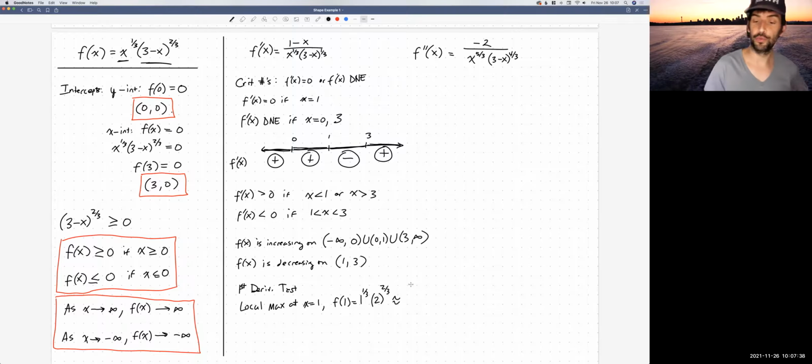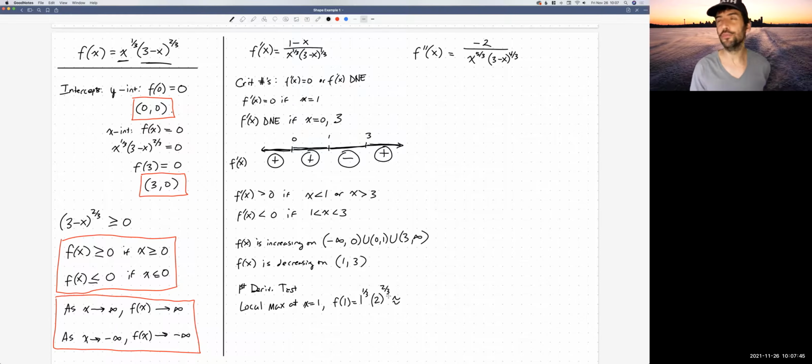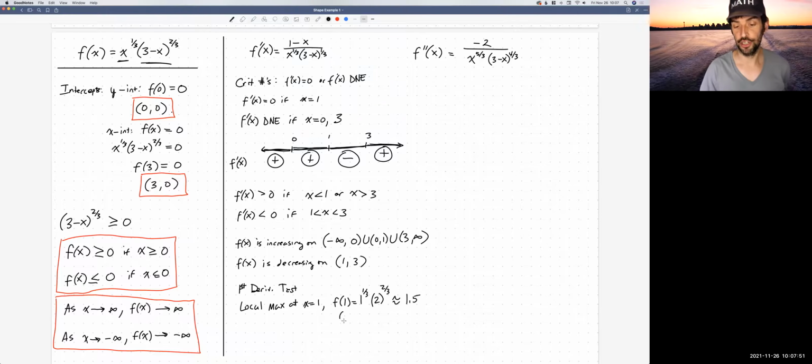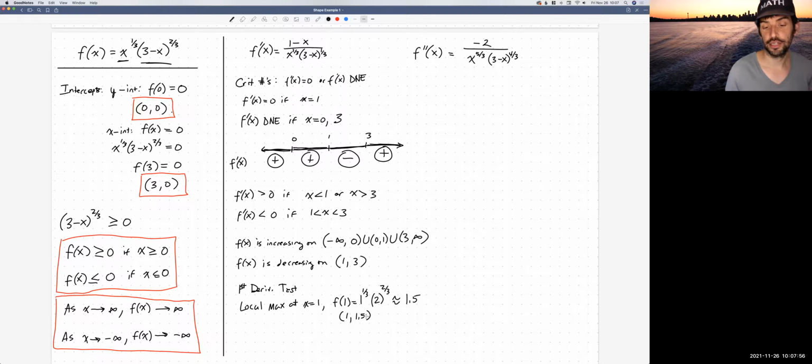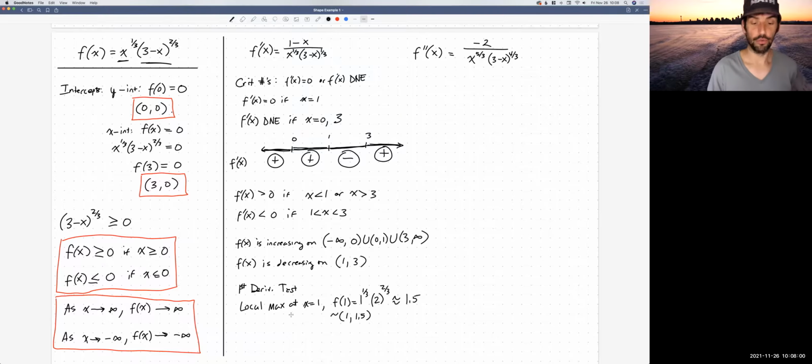Well, we know it's between 1 and 2. Let's say 1.5. 1.5 squared is 2.25 times 1.5 is pretty close to 4. So it's going to be a little bit bigger than 1.5. I just want to get an approximation. So we know the point 1, 1.5 is part of our graph, approximately.